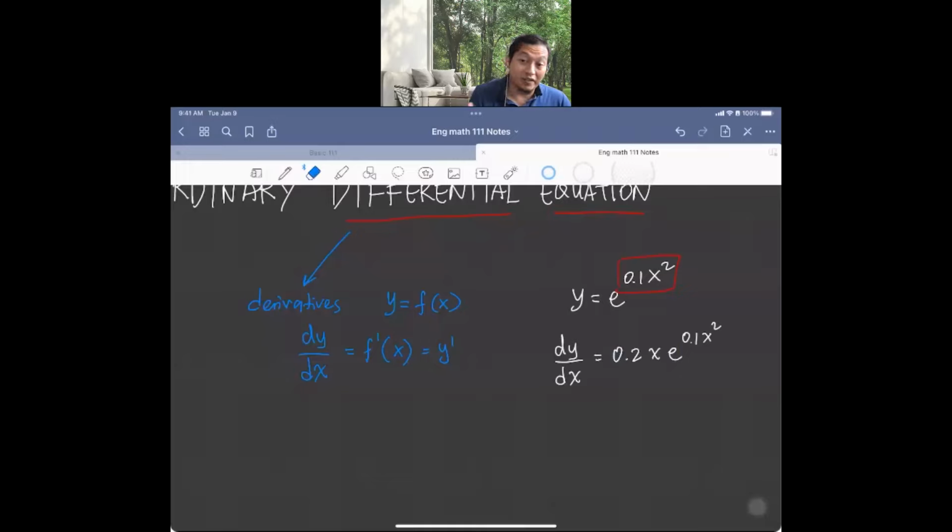Because of the e, if we differentiate e many times, it still retains the same original e in the equation, correct?